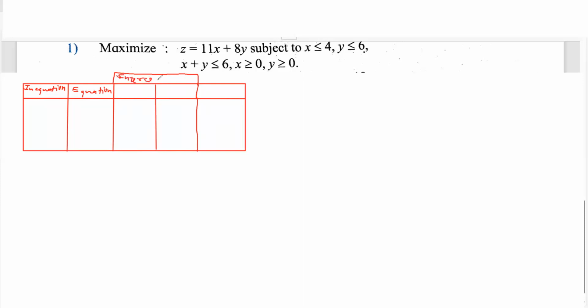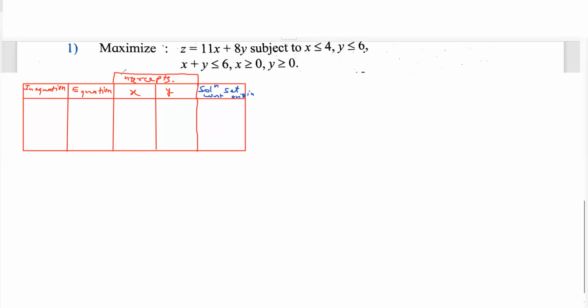You write here the intercepts, that is, the x-intercept and y-intercept. And here, this is the final one, the solution set with respect to the origin. That is, whether it is the origin side or the non-origin side. So let's begin, students.